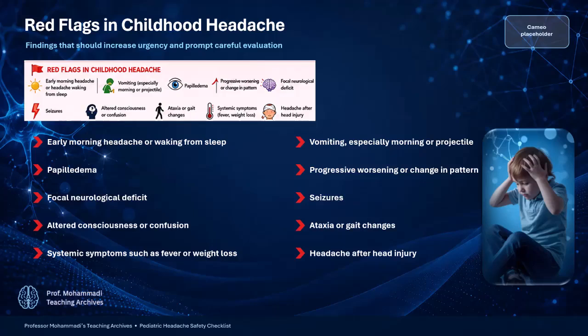Other concerning features include focal neurological deficits, seizures, altered consciousness, confusion, ataxia, gait changes, systemic symptoms such as fever or weight loss, and headache after head injury. A red flag does not automatically define the diagnosis. However, it should prevent premature reassurance and should prompt more careful examination, follow-up, and investigation when appropriate.